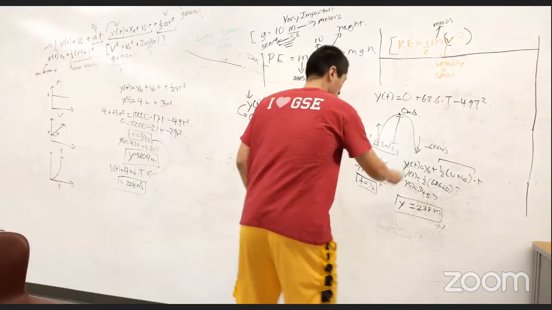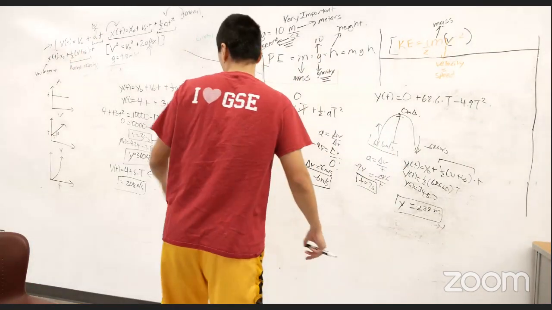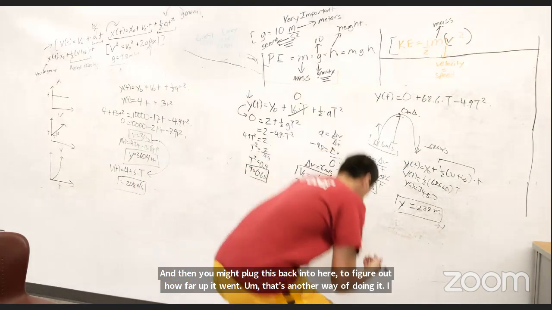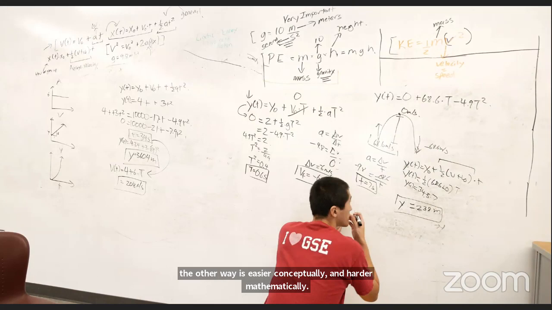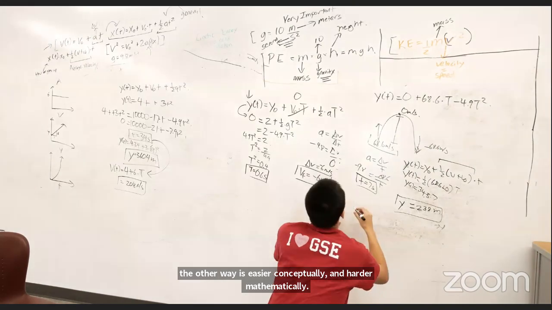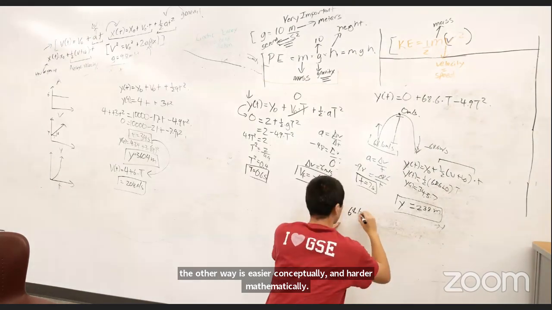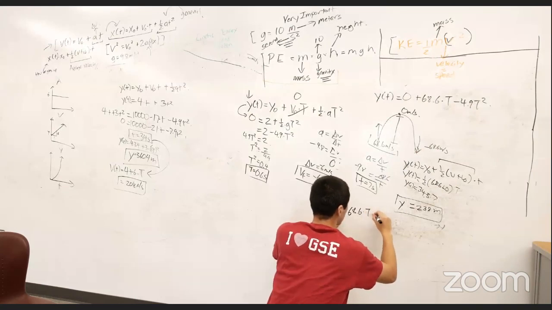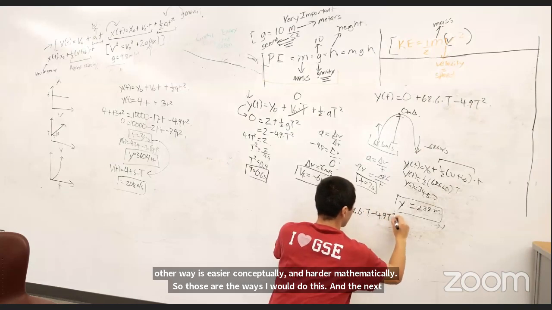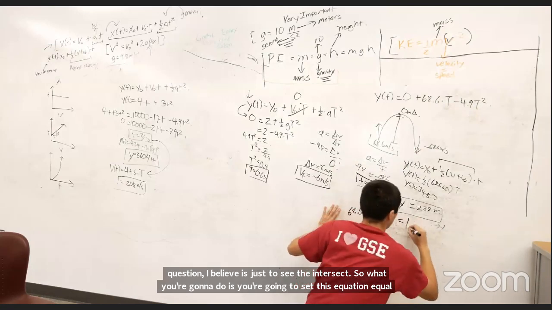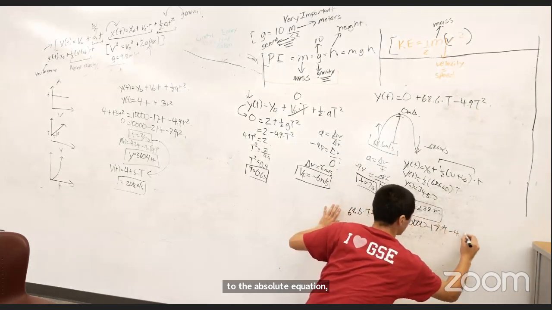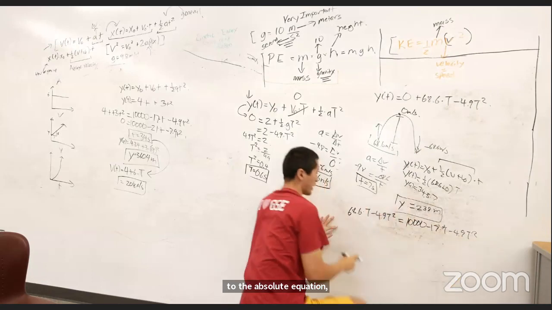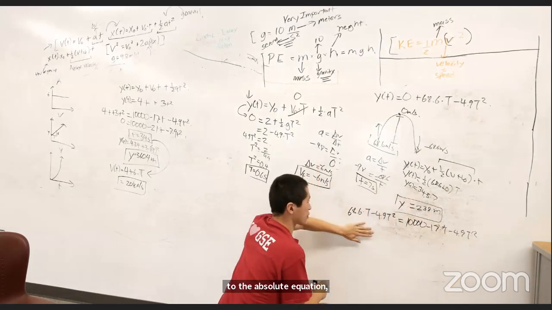So what you're going to do is set this equation equal to the asteroid equation. So this one is, what is it, 60.6. So setting the missile's position function equal to the asteroid's position function, these will cancel like terms.